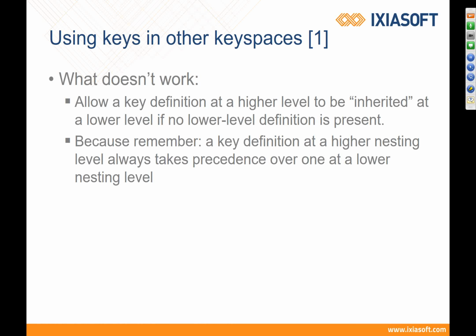Well, that makes sense, but it won't work for the reason that I talked about earlier, which is that a key definition at a higher nesting level or a parent level always takes precedence over one at a lower level. So if I define the product name as widget in my root map, then widget is what it's going to be throughout the entire map, even if it is redefined at a lower level, a child level, a submap level, as gadget or doodad.